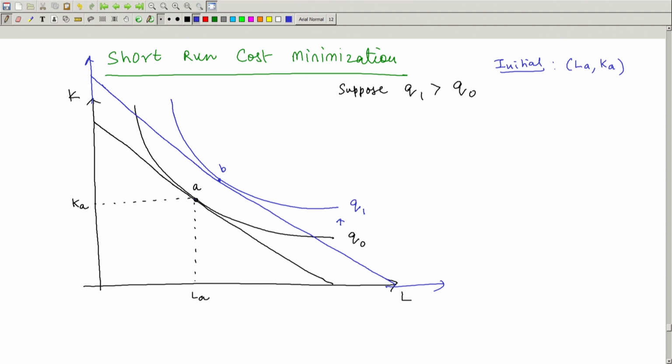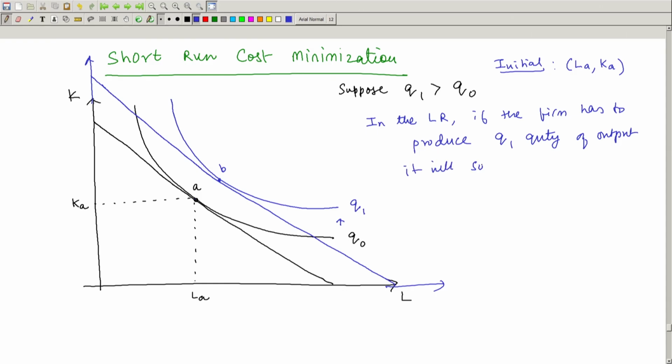In the long run, because now I could choose both labor and capital, if the firm has to produce Q1 quantity of output, it will solve its cost minimization problem again, and choose the input bundle B, which is LB amount of labor and KB amount of capital.